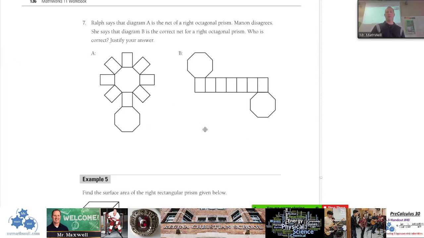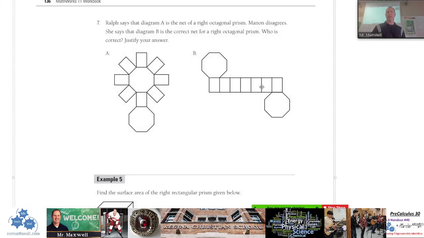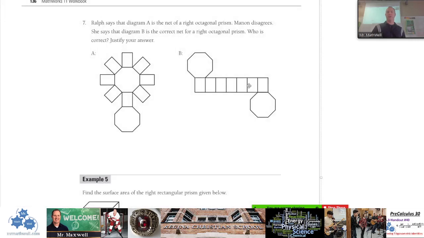I think we went over this question too in the lesson. These two net diagrams are for the exact same shape. Okay, here we have an octagonal base and an octagonal top. They're connected by one of the sides. And the sides are connected to each other, like drawn over here. They're connected to each other, but they're also connected to either the base or the top, see? Just like that.